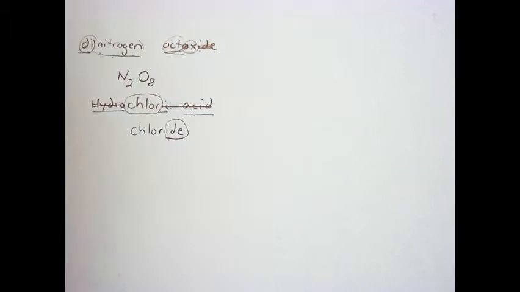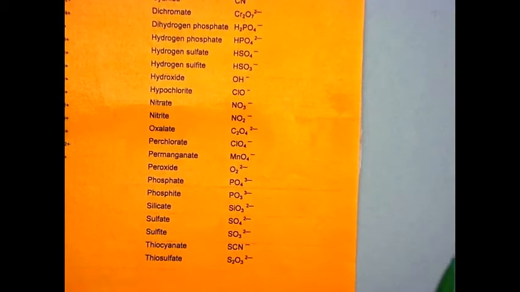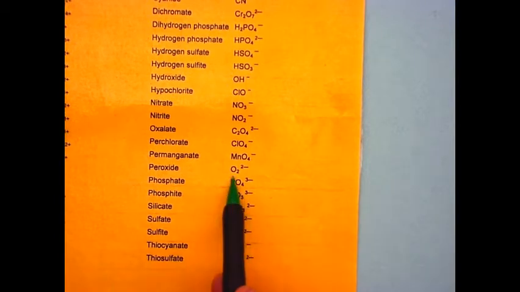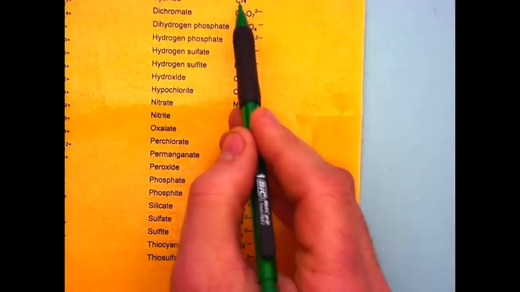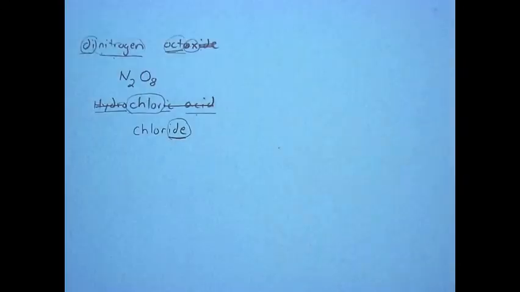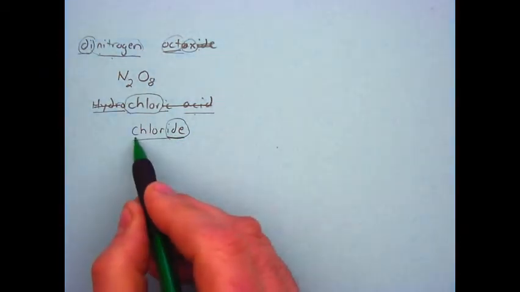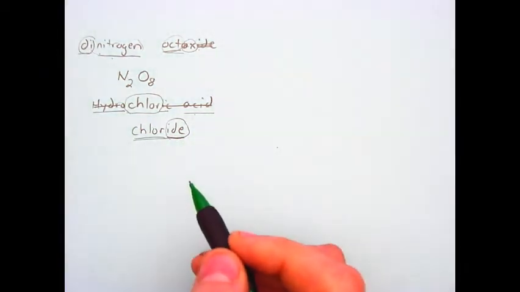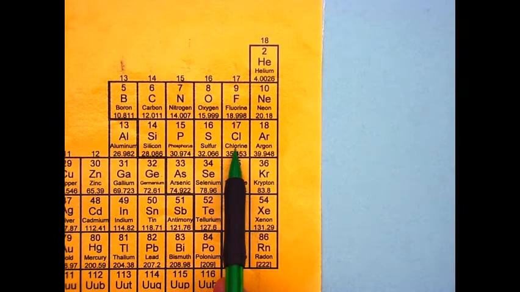If it ends in "ide", looking on the back, it could be peroxide, hydroxide, or cyanide. Since it's none of those three, we know it must be an individual element. So what element starts with chlor? Looking on the periodic table, we know it has to be a non-metal, so we stick to the right. And the answer, of course, is chlorine.